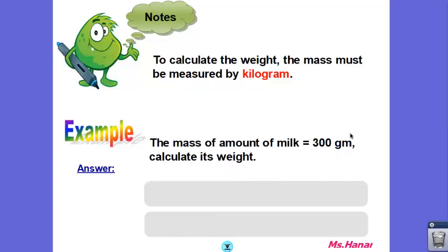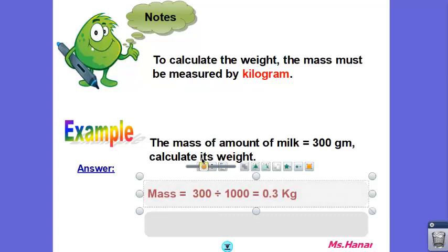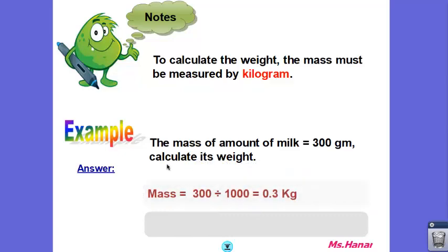So, firstly, the mass must be changed into kilograms before calculating the weight of the object. So, mass equals 300 divided by 1000, equals 0.3 kilograms. And weight equals mass in kilograms times 10, so equals 0.3 times 10, equals 3 Newton.